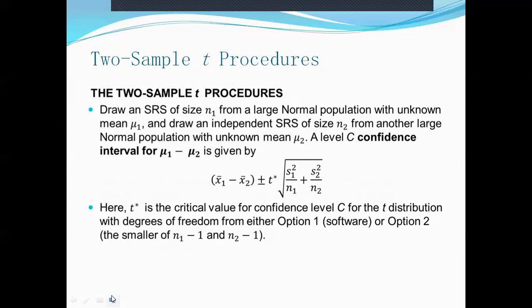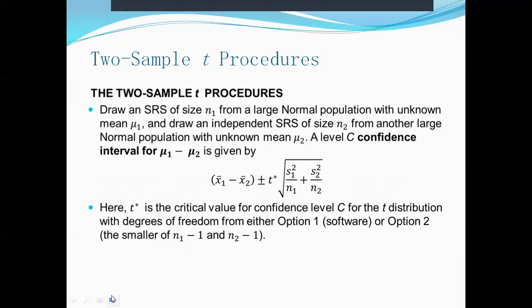A level C confidence interval for the difference between the population means is given by the difference between the sample means plus or minus your critical t-score times your standard error for the difference of your sample means.